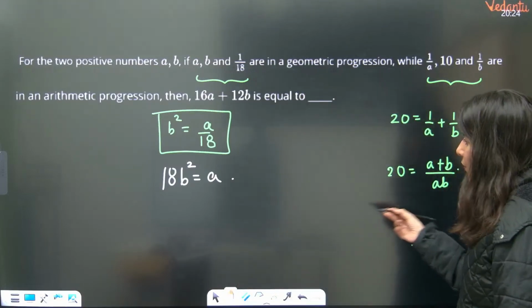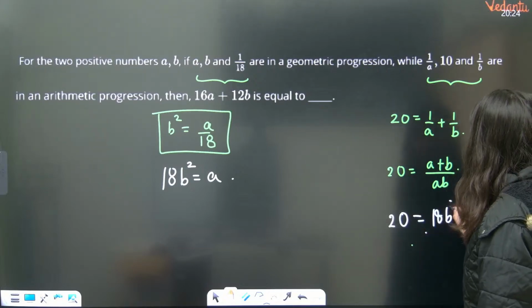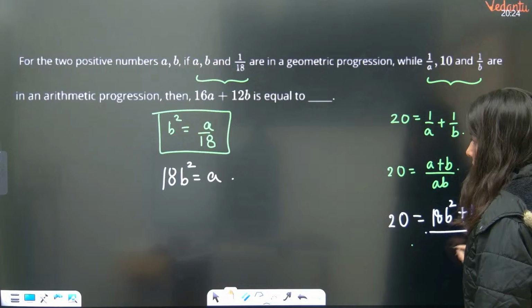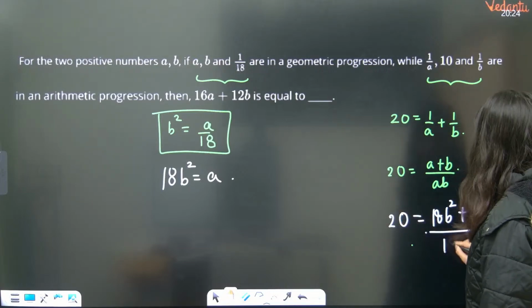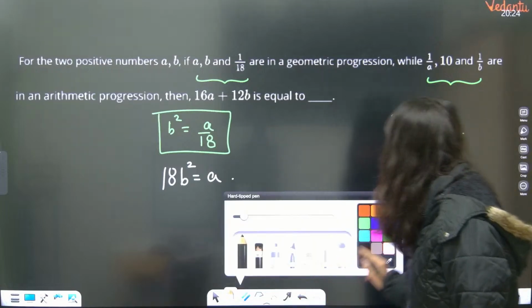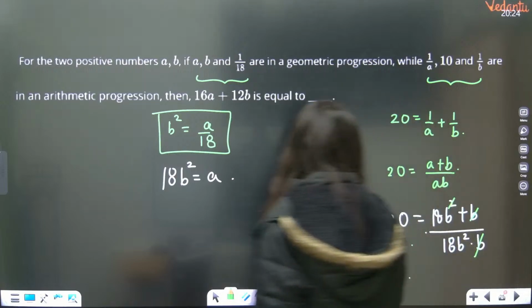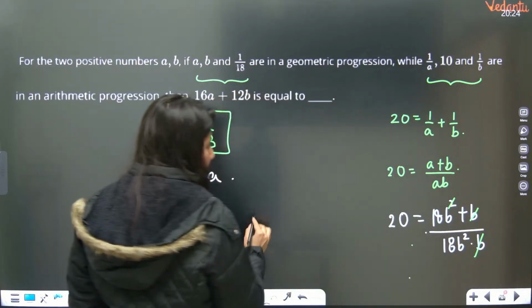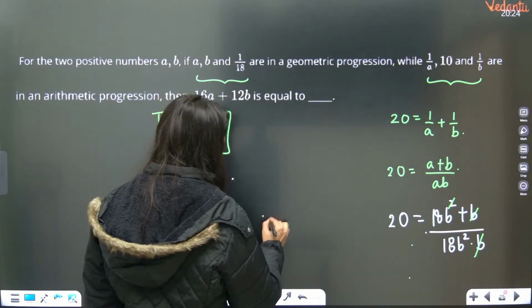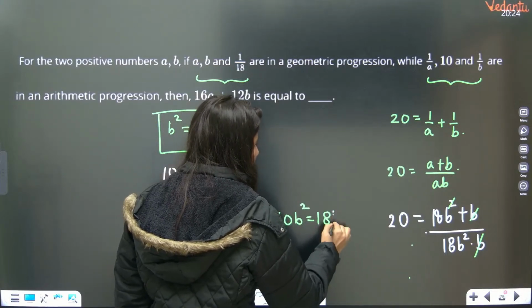Now put the value of a: 20 equals 18 b square plus b upon a over here is 18 b square into b. Obviously, 1 b will come out. So your answer will be 18 into 20, 360 b square is equal to 18b plus 1.